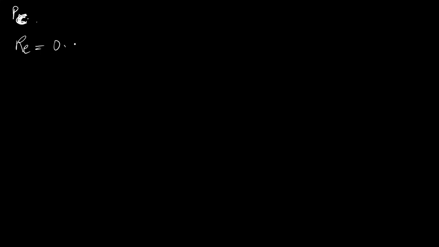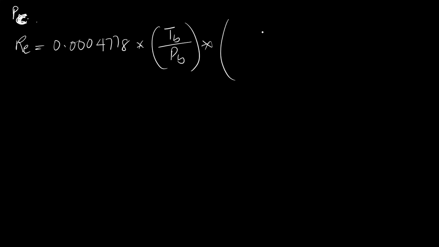So the Reynolds number is equal to 0.004778 times the base pressure divided by base temperature times the gas gravity times the flow rate divided by viscosity times D.